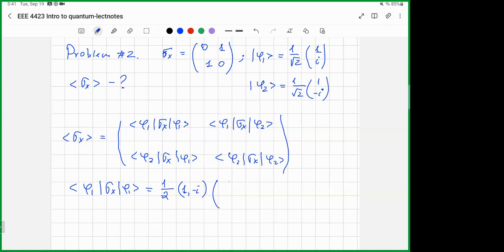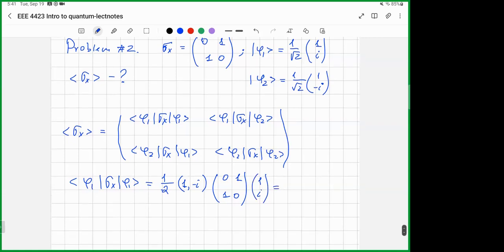Then sigma x is 0, 1, 1, 0, and the ket is 1 I. A row by column, we take the product.